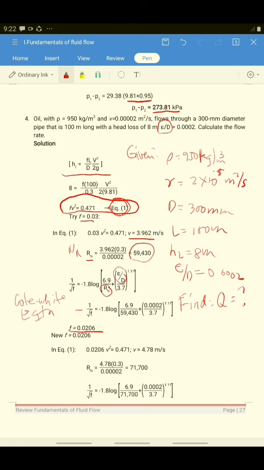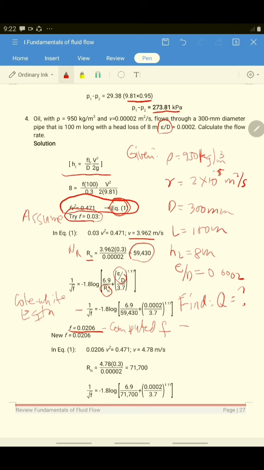Since this is the computed F, it must be that the computed F is equal to the assumed F. So in this case, F is equal to 0.0206.